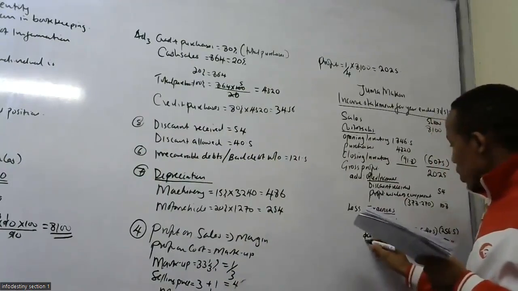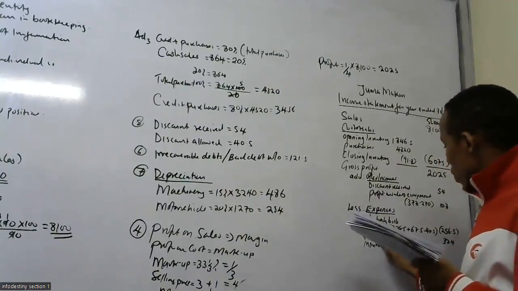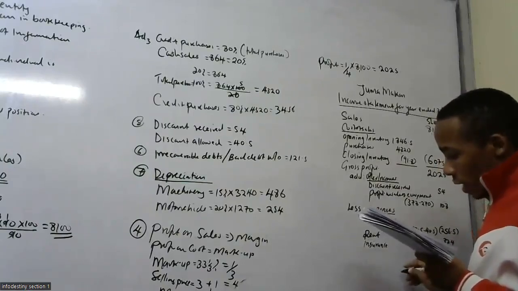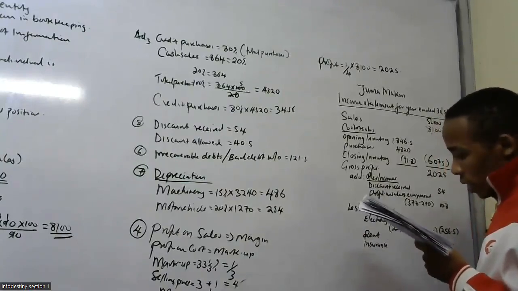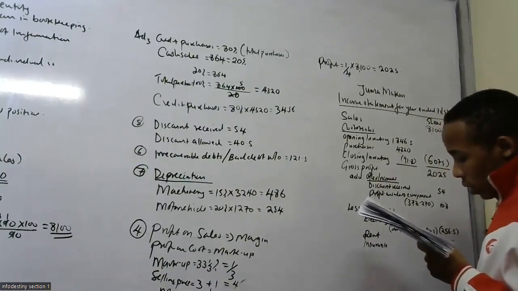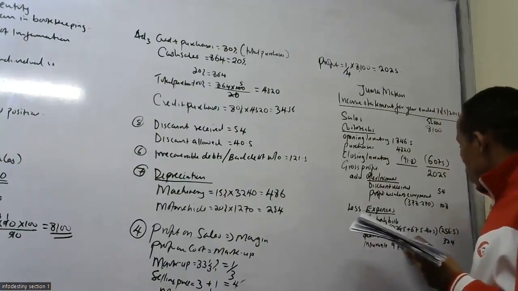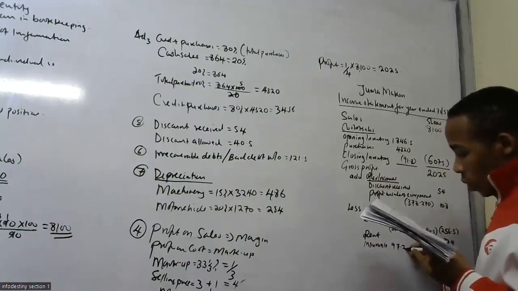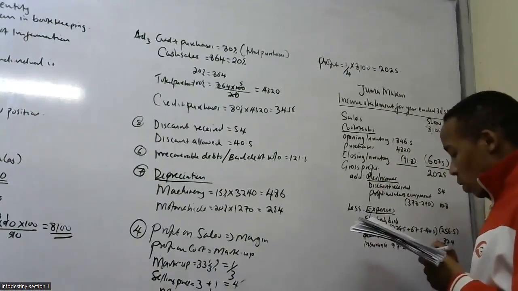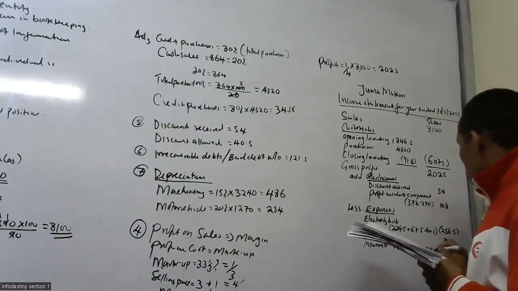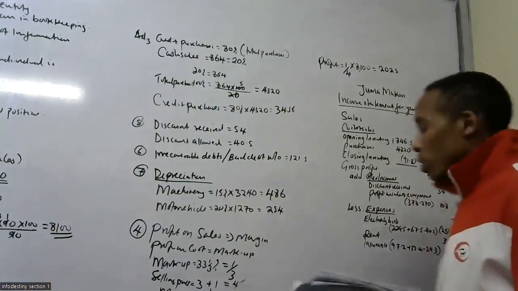We have insurance. Insurance, we have an expired insurance. That is prepaid insurance. So we have 97.2, prepaid insurance at the beginning of the year, plus 32.4 minus 24.3.